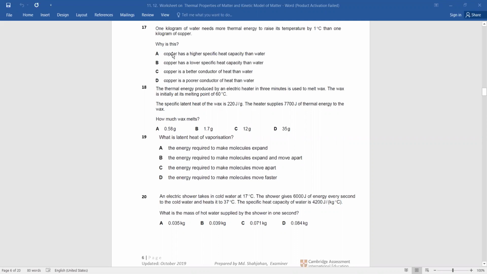They did not write that water has a higher specific heat capacity than copper. But they wrote that copper has a lower specific heat capacity than water, which is the opposite of the presentation in the question. In the main question, the way they presented it, in the answer they gave the presentation in the opposite way, right?